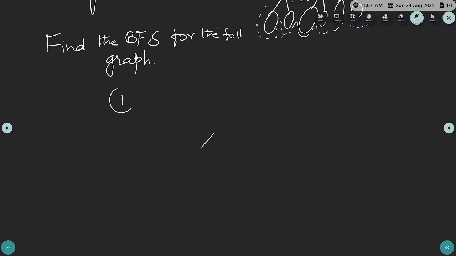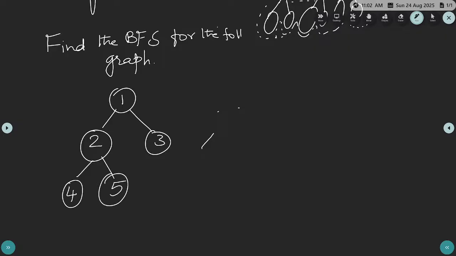Write down. For this graph, you have to construct a BFS. ఇది సింపుల్ వన్ అమ్మా. ఫస్ట్ సింపుల్ చేసిన తర్వాత టఫ్ దానికి వెళ్దాం, రిపీటెడ్ క్వశ్చన్కి వెళ్దాం. ఓకేనా? ఫస్ట్ ఇది కంప్లీట్ చేయండి.